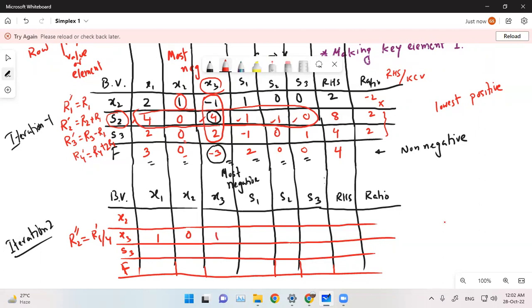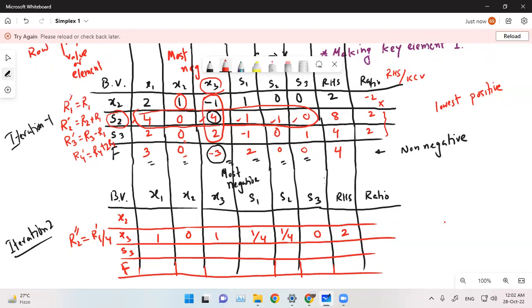Then 1 by 4 is 1 by 4. Then you will have 1 by 4 again, 1 by 4, then 0. Then 8 by 4 is 2.